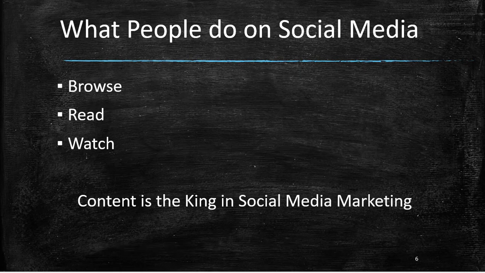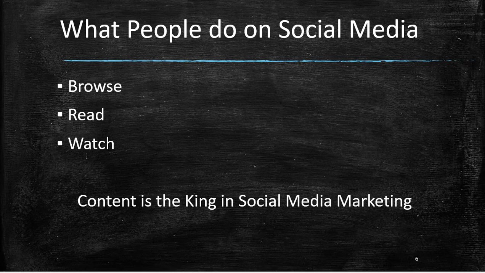Let's see what people do on social media. People generally browse, read and watch on social media. While taking these three actions of browse, read and watch, content plays an important role on social media. Content is the king in social media marketing. If your content does not have some differentiated value on social media, it will not attract users.